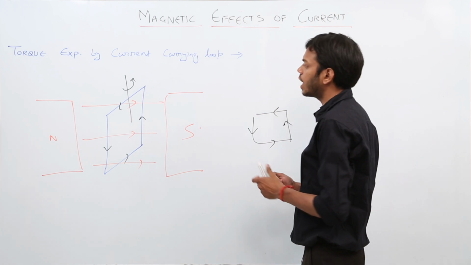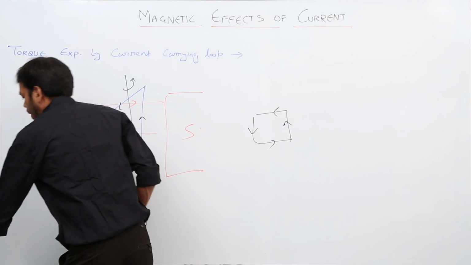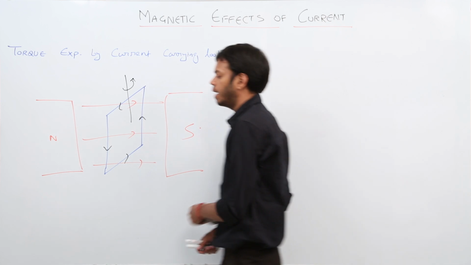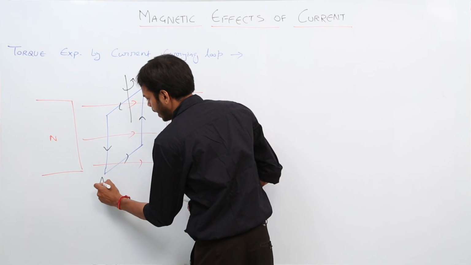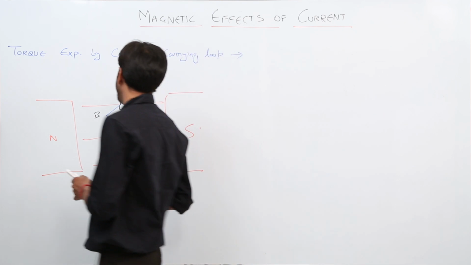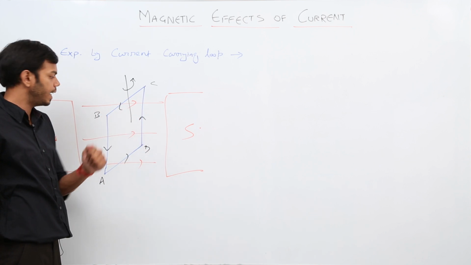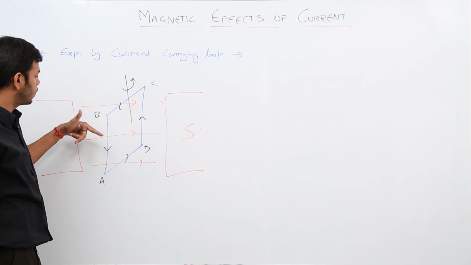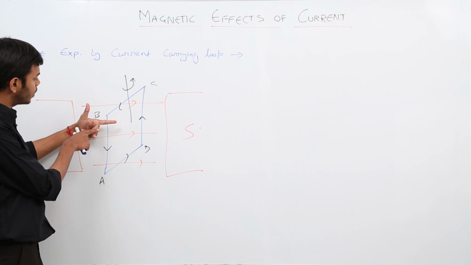How did I figure out that the loop is rotating this way? Apply Fleming's left hand rule for the direction of force experienced by the wire. Let us name this part A, B, C and D. In part AB, the field is north to south and the current is flowing in this direction.